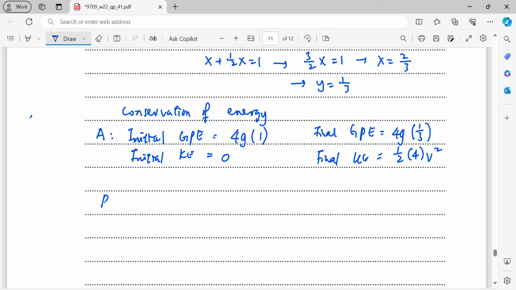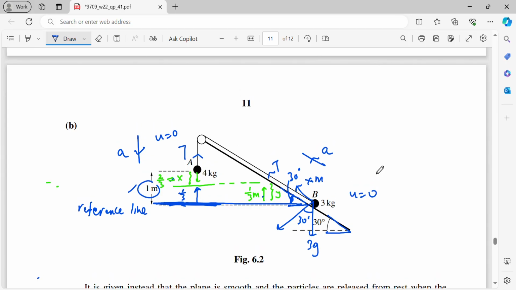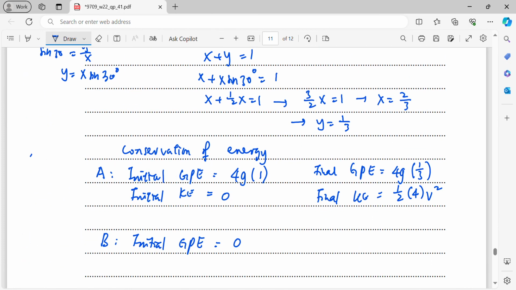Now for particle B, it's the same method. Initial GPE is 0, because B is on the reference line, therefore the vertical distance is 0. The initial kinetic energy is 0, since both are at rest.